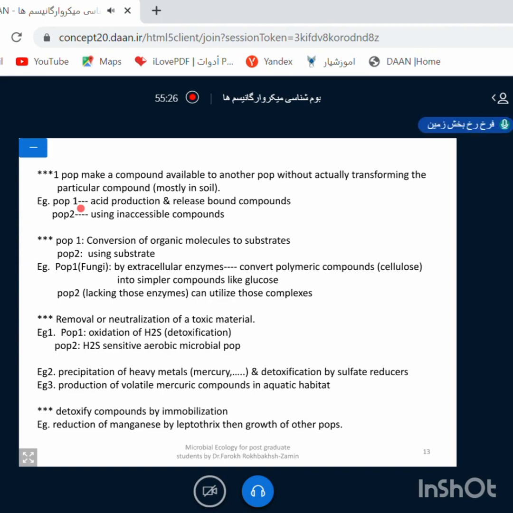So if all the things are present in a medium, but there is no phosphate, there is no growth. Why? Because without replication of DNA, it is impossible for the cell to multiply.